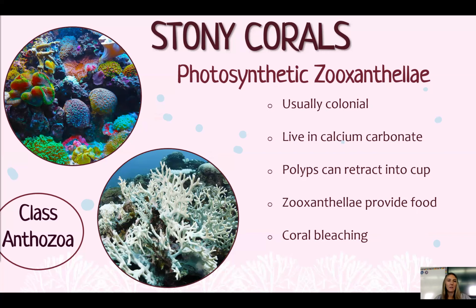And they actually have a relationship with photosynthetic zooxanthellae, which are a type of algae. It's a symbiotic relationship because the coral is going to be provided food, and the algae helps deposit calcium carbonate. And then that coral in turn is going to provide safety and compounds that the algae needs for photosynthesis.